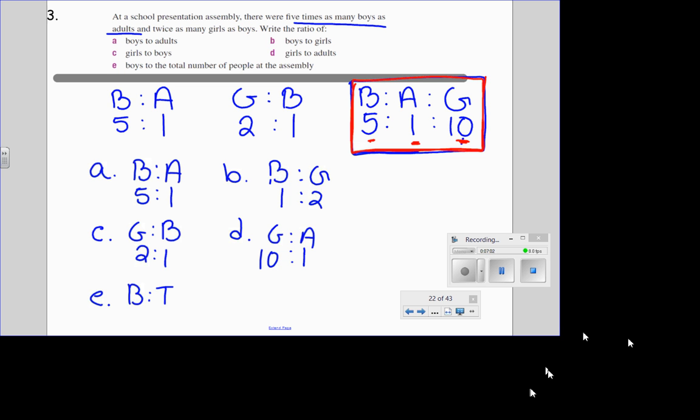And that's just the ratio, though, for all of the other people at the assembly. But for every 16 people, because 5 plus 1 plus 10, we actually have 16 people right now that we're comparing this to. For all 16 of those people, we have 5 boys that are present. So we might have 32 people, or we might have 100 people. But basically, for every 16 people total, 5 of those people are boys.